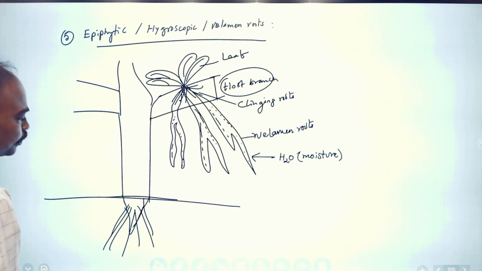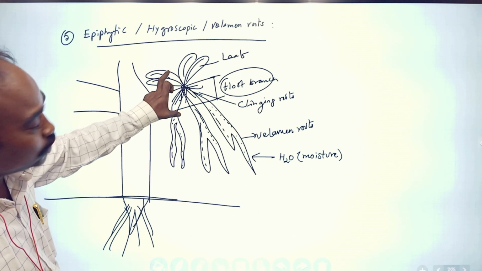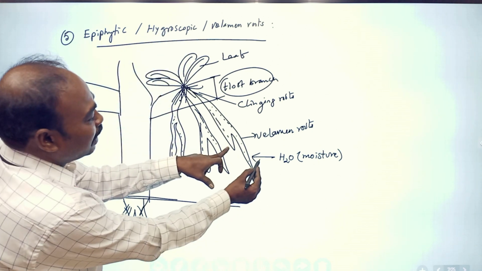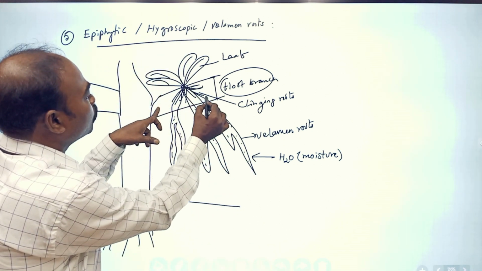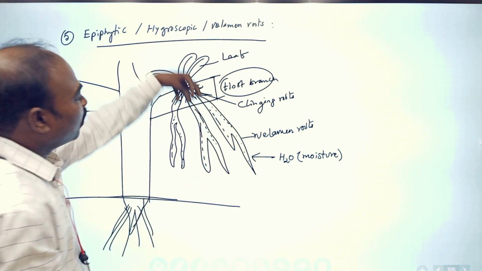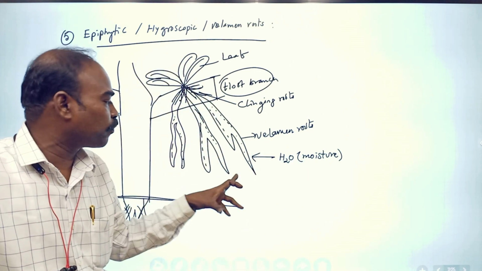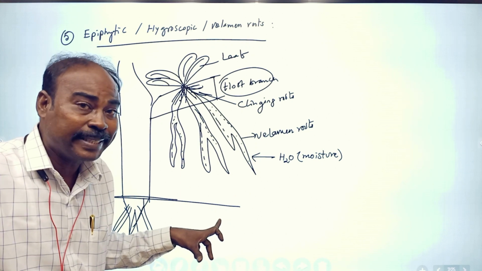This is a host plant. This is a small plant, leaf, velamen root and clinging roots. Clinging roots are useful for fixation, velamen roots for absorption of moisture from the atmosphere, not from soil, right?